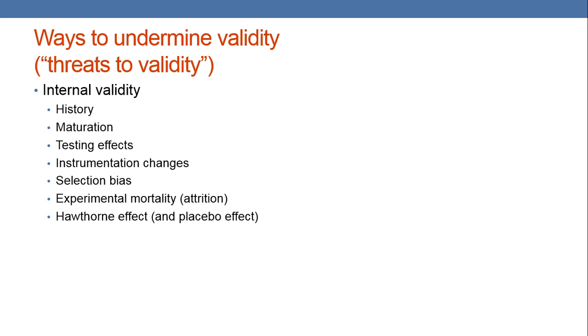So if you do a depression scale at time point 1 and a depression scale at time point 2, and they're different scales, then it's very, very hard to know whether or not there was a change in depression, because it could have been attributed to the fact that you changed the scale.